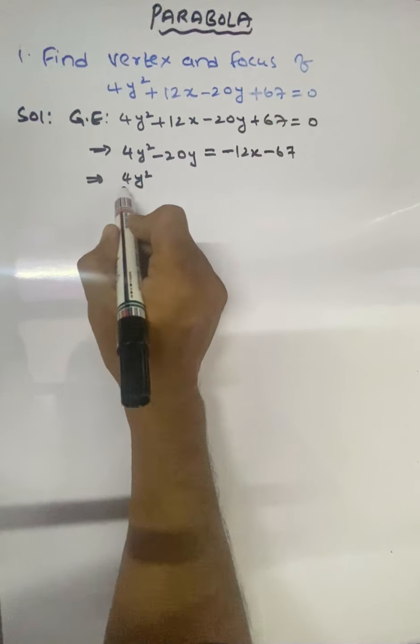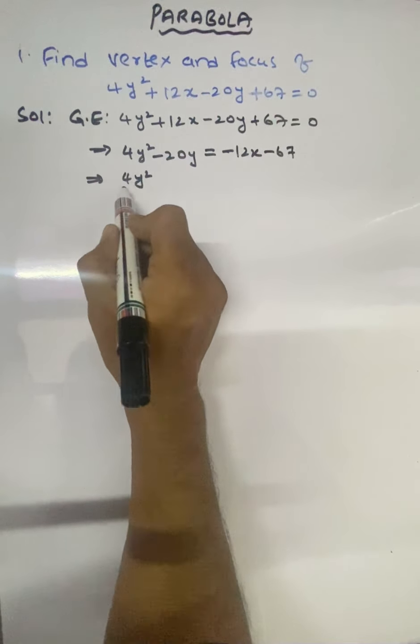Once you get this, we have to make it a perfect square by taking half of the coefficient of y. The y coefficient is minus 5, think of that as 5. Half of 5 is 5 by 2. So we have to add 5 by 2 whole square on both sides. Once again, check what we have done.